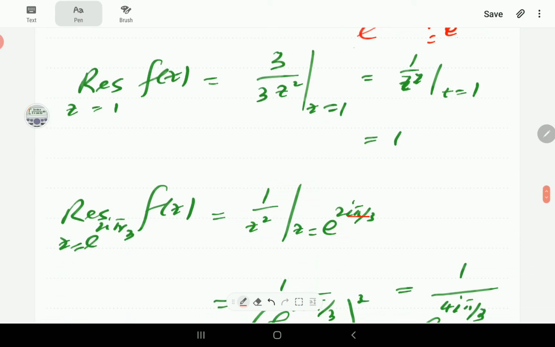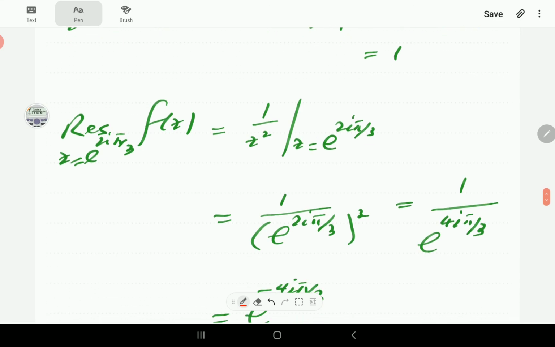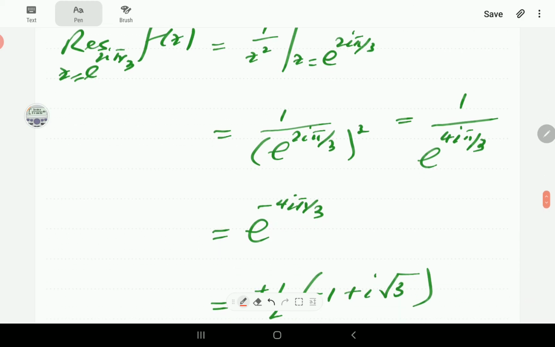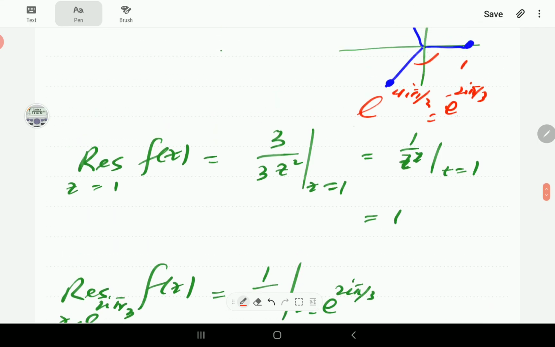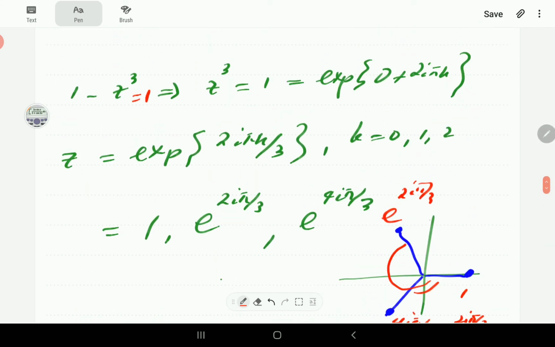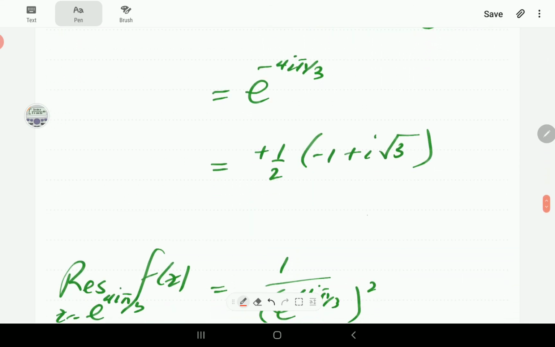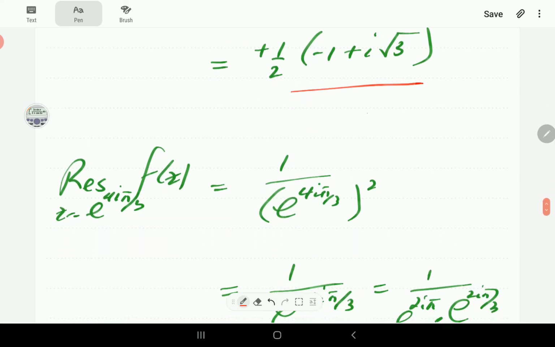For the second one, we plug in this, which is going to give us e to the 4i pi on 3. If we bring it to the numerator, it's negative 4i pi on 3, which is simply this angle here. So we're in the second quadrant. So in the form a plus ib, it's going to look like that.